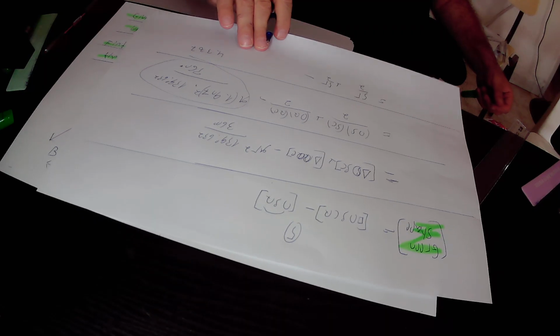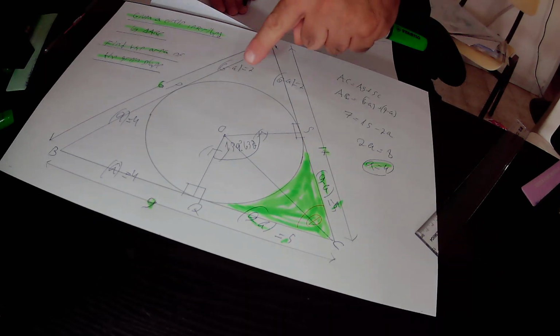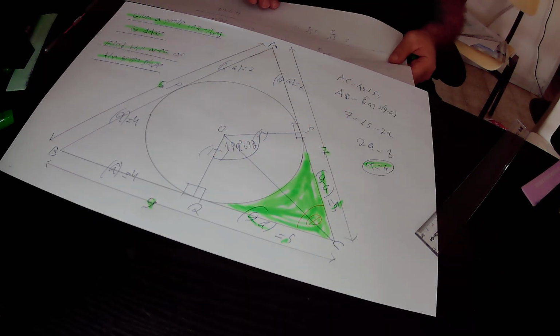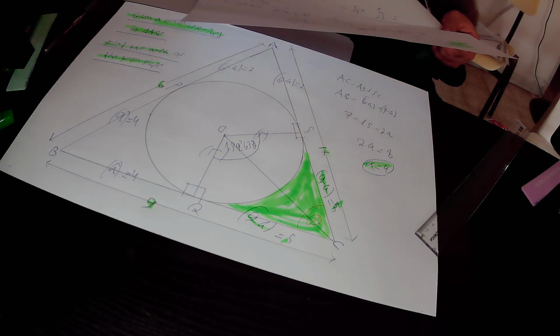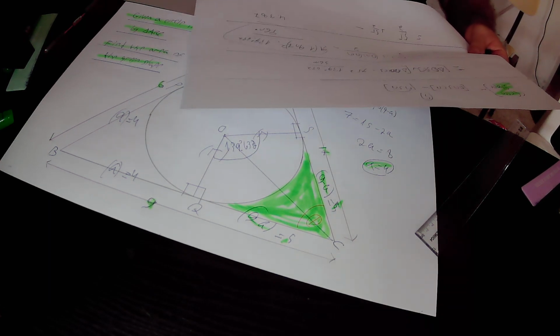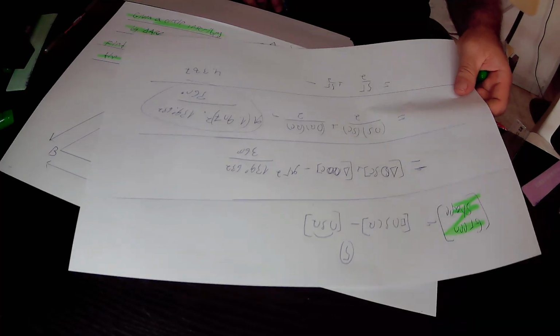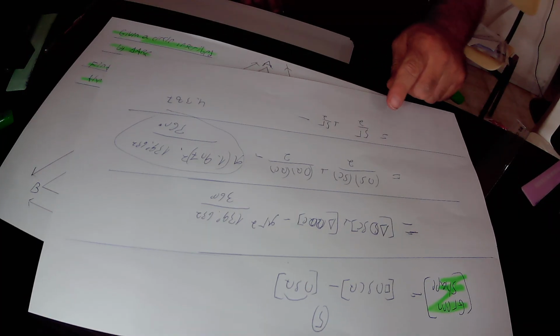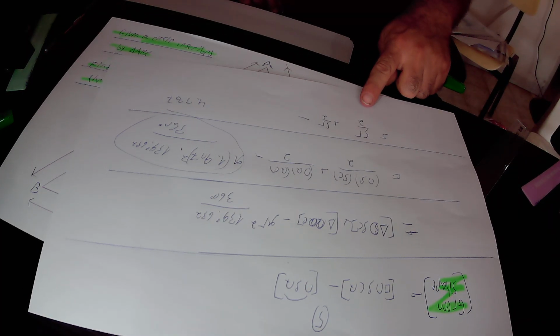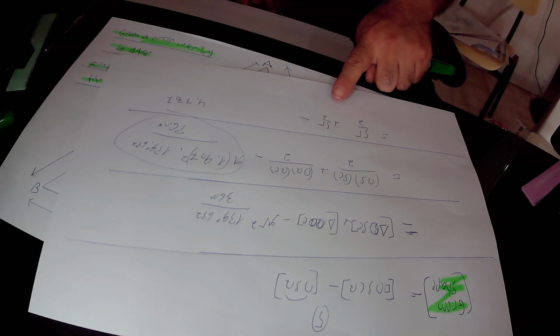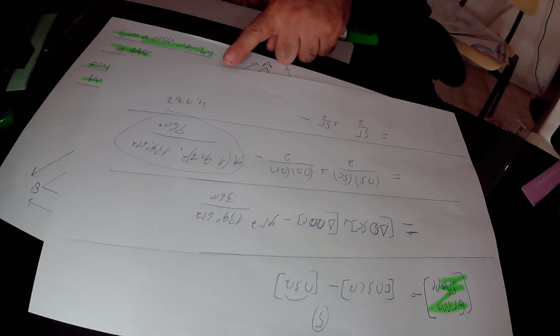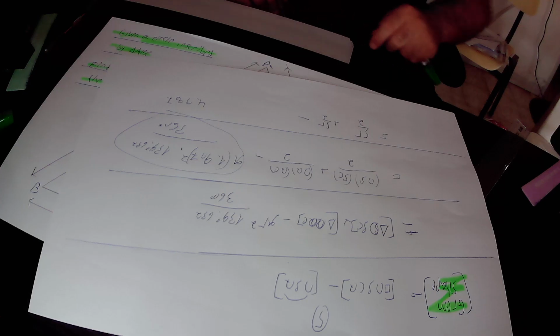So this sector OSQ is equal to 4.387 square meters in its size. So in total, the area of the green shape equals 5R over 2 plus 5R over 2 minus the area of sector OSQ, which equals 4.387 square meters.